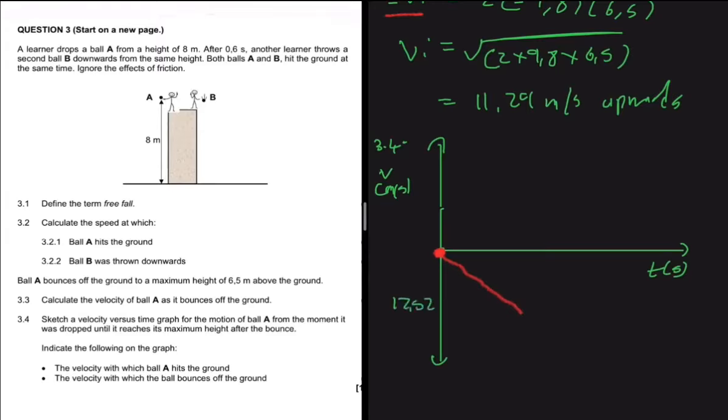So this is the point where it strikes the ground, and then it bounces off. When it bounces off, now it has a positive velocity of what? Of 11.29. So we're supposed to have 11.29 here. And then it starts going up until it reaches a maximum height, and the velocity is equal to 0 again. And that's essentially our entire motion.